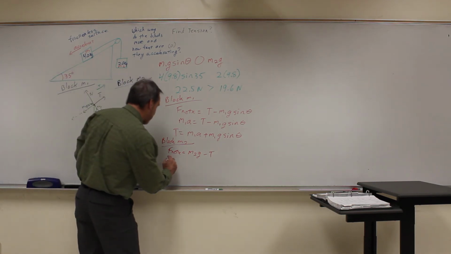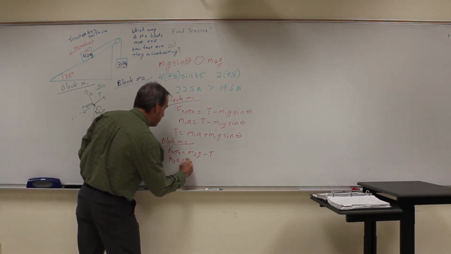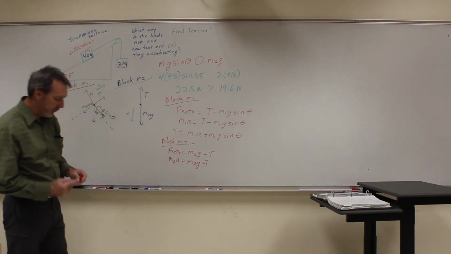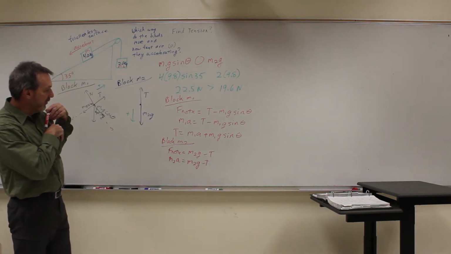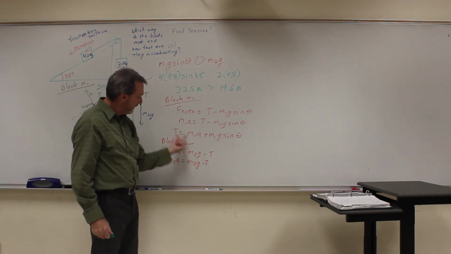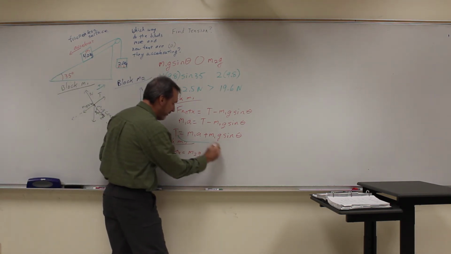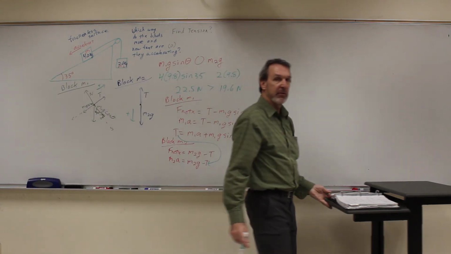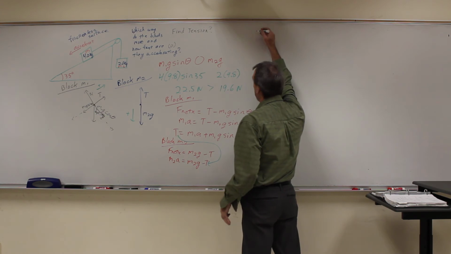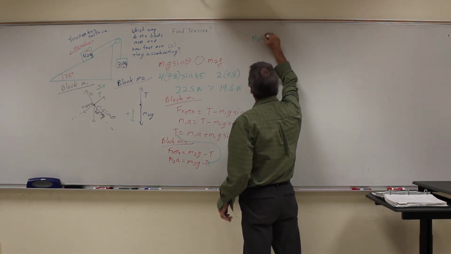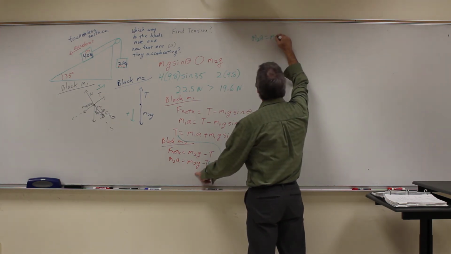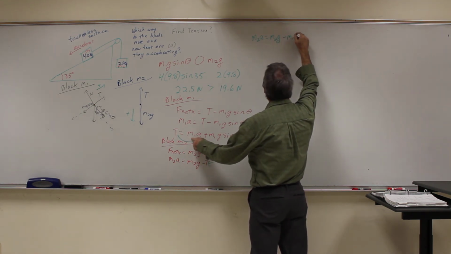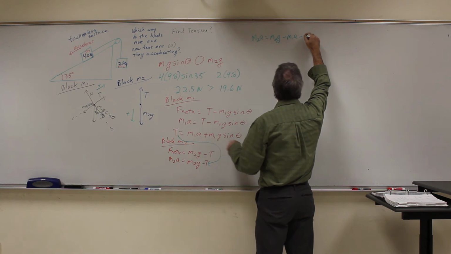But this is also accelerating, so this becomes M2a equal to M2g minus T. So all I'm going to do is take this T and plug it into that equation. I'm going to do it up here because I'm running out of room. It's going to be M2a equal to M2g minus, and I'm going to distribute this minus, M1a minus M1g sine theta.